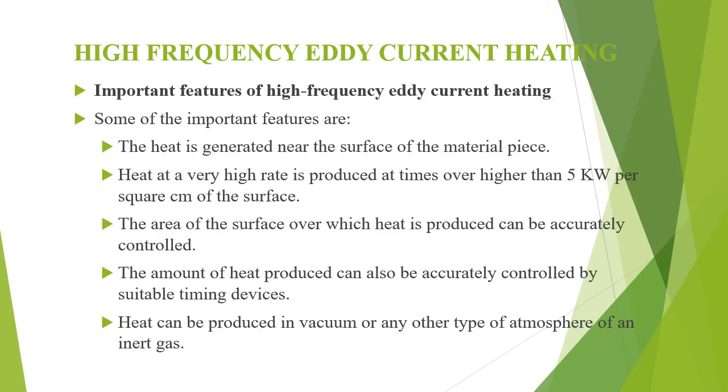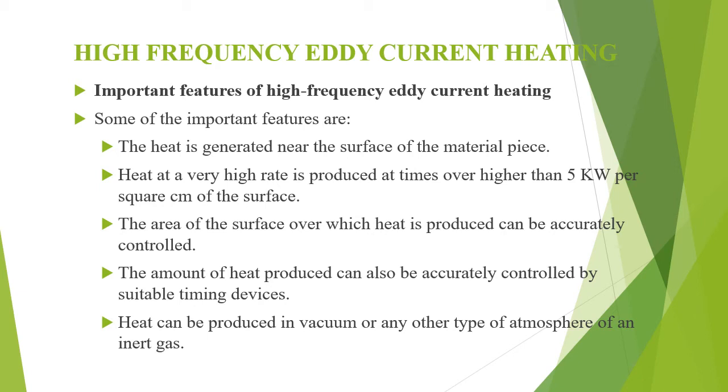Some of the important features of high frequency eddy current heating are: the heat is generated near the surface of the material piece. Heat is produced at a high rate, more than 5 kilowatt per square centimeter of the surface. The area of the surface over which the heat is produced can be controlled accurately. Also, the amount of heat produced can be controlled accurately by use of suitable timing devices.